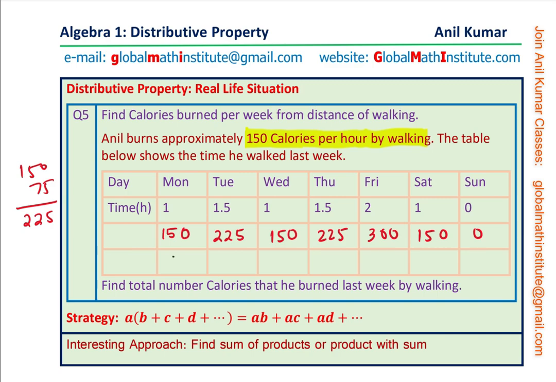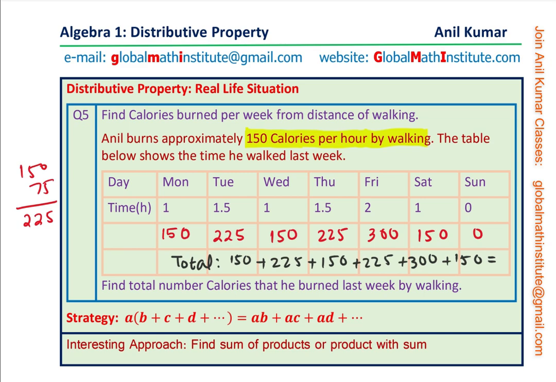So the total will be adding them all: 150 plus 225 plus 150 plus 225 plus 300 plus 150. You could do all that and get your result, total calories burned.